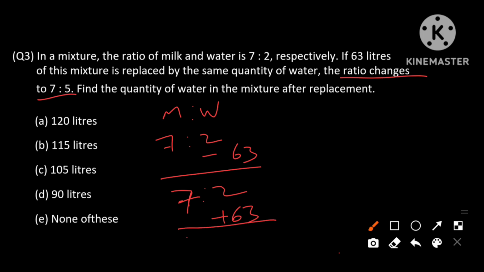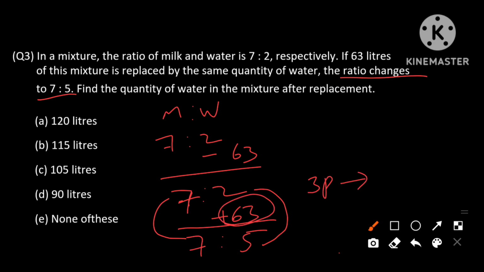So now the ratio is 7:5. 7 is common here. 2 becomes 5 means there is 3 parts of a change. 3 parts of a change is nothing but due to 63. So one part value will be 21.